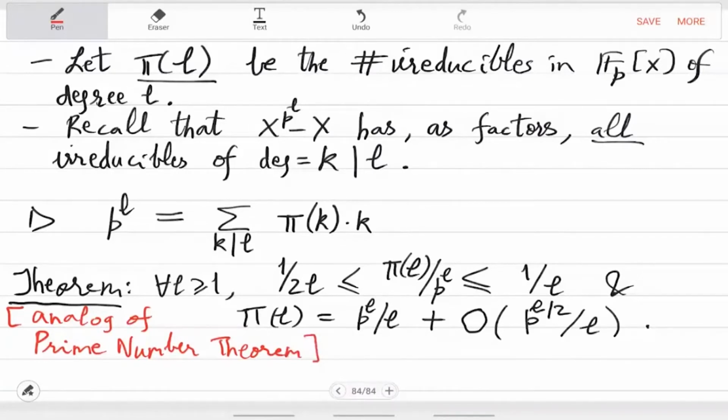So we will show this by invoking this identity. Let's call this the recurrence, let's call it R. So we will use the recurrence R to prove this. It's a proof in a few lines.